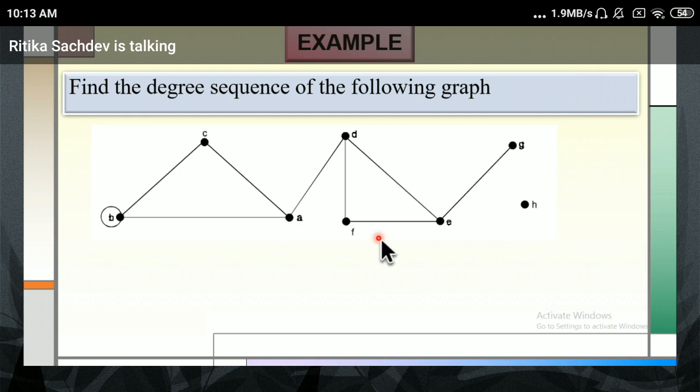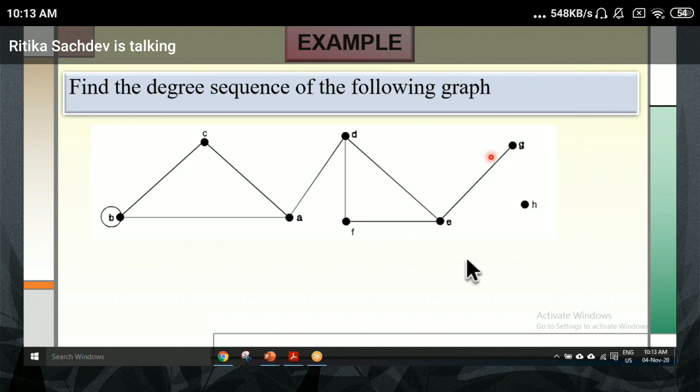So I want you to first tell me the degrees of vertex A, B, C, D, E, F, and so on.